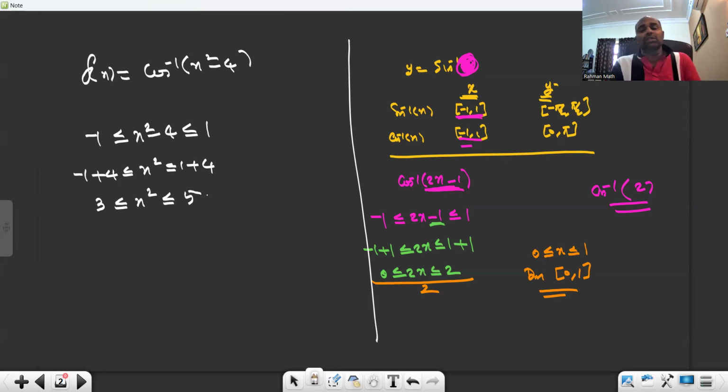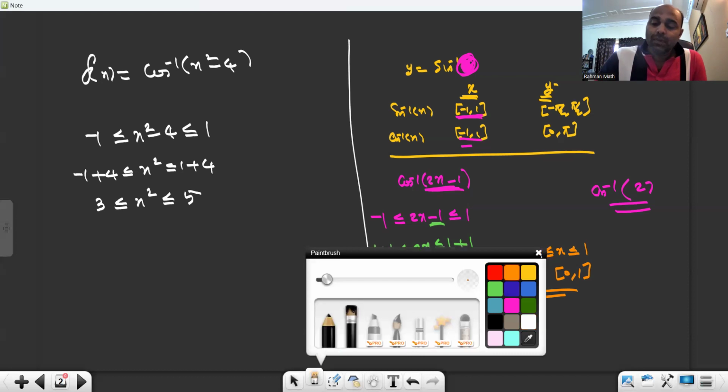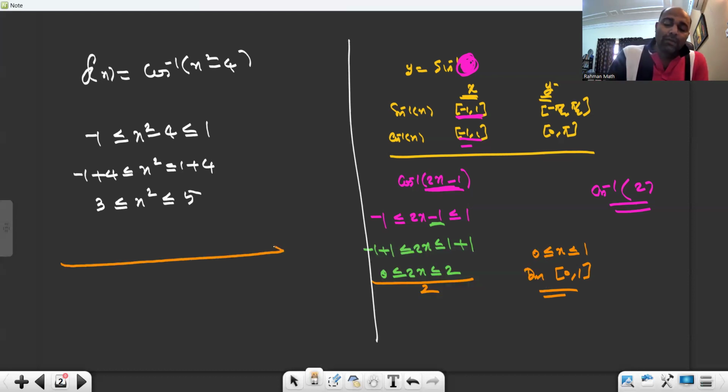Please write it up here. After that I'll tell you, because a little complication is there. For better understanding, I used to draw a number line, the one you learned last year to find the domain and range. One number line you draw. After writing this, everyone listen. After this, x square equal to 5 means x equal to plus or minus root 5.